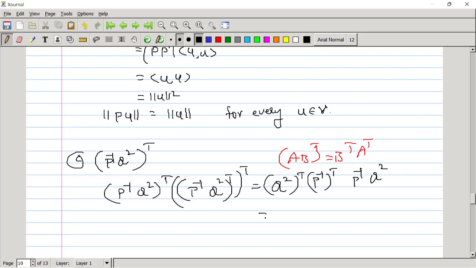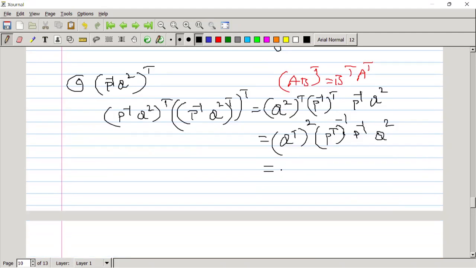So we have Q transpose whole square, P transpose whole inverse, and this transpose, that is inverse, into P inverse Q square.